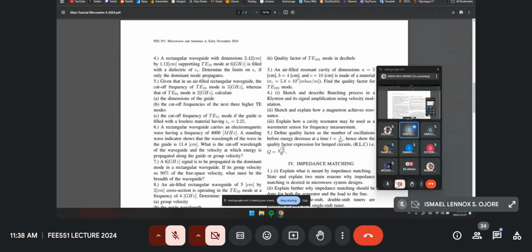The question where you state the modes of both TE and TM waves.